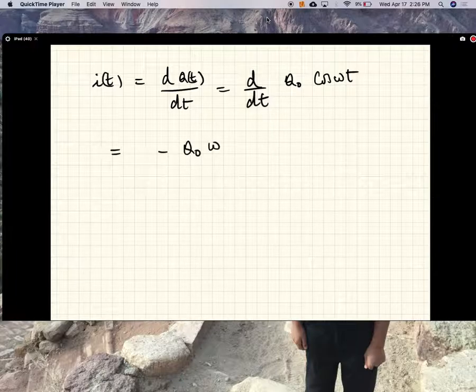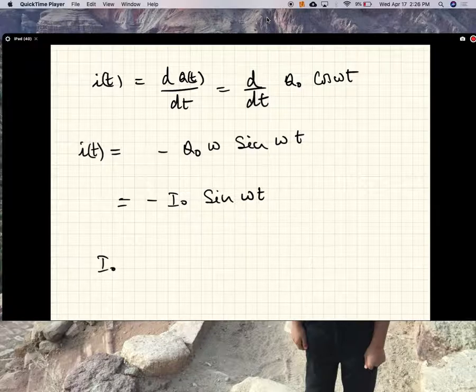The negative sign just tells you about the phase, so that doesn't matter. So I(t) is equal to I naught sine omega t, and I naught is the maximum current.